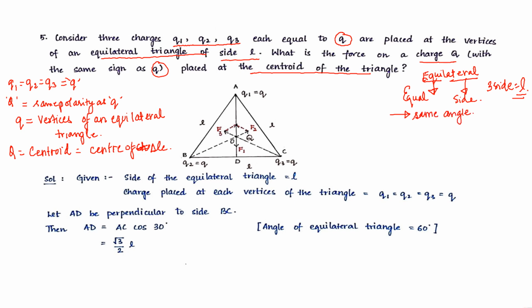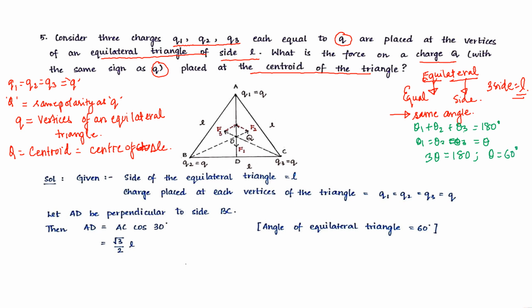So what is the sum of all the angles of a triangle? It is theta 1 plus theta 2 plus theta 3 equals 180 degrees. So all these, theta 1 equals theta 2 equals theta 3 equals theta. So theta plus theta plus theta is 3 theta equals 180 degrees, and hence theta comes to 60 degrees.